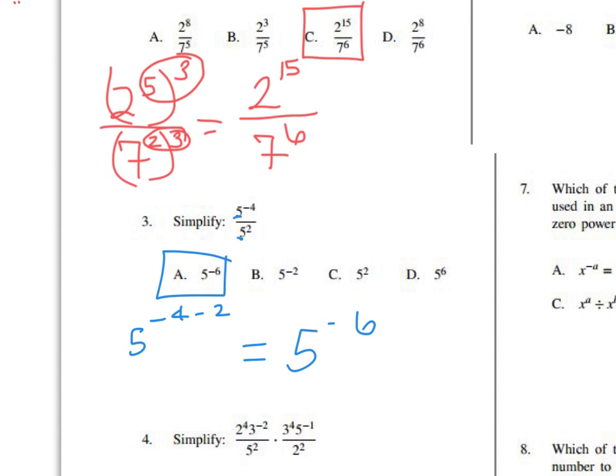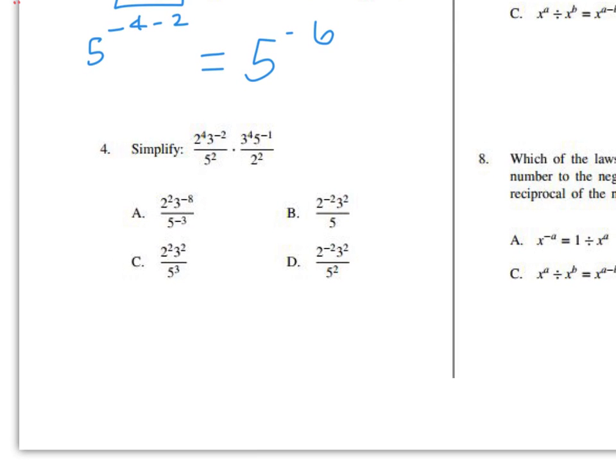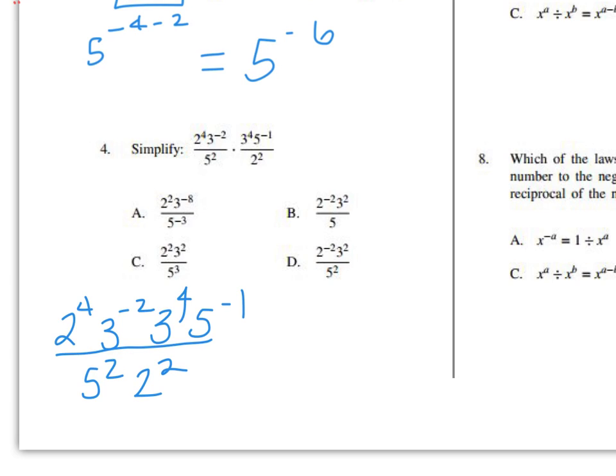Number 4. If I'm multiplying fractions, I can multiply across, yes? Eyes up here, please. So I'm going to rewrite this. I have 2 to the 4th times 3 to the negative 2 times 3 to the 4th times 5 to the negative 1 over 5 squared times 2 squared.